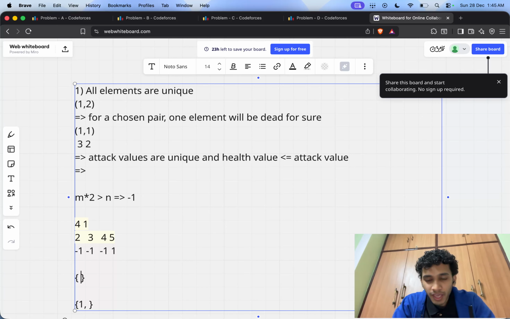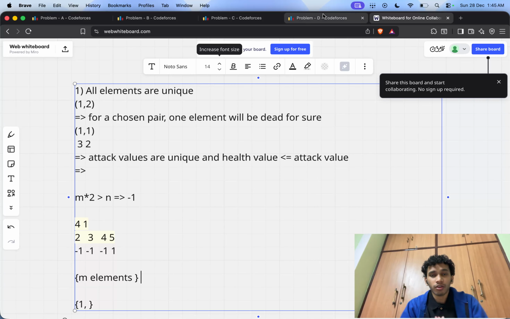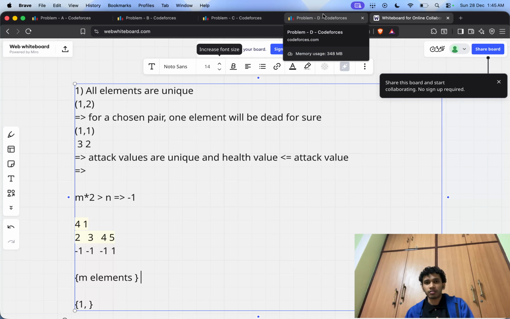Okay, let's say we have made up m elements who have already fought, so they are not dying for fighting now. Because there is no restriction for us that they will fight later on.